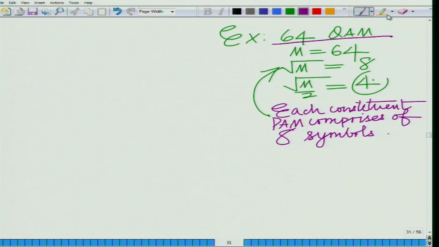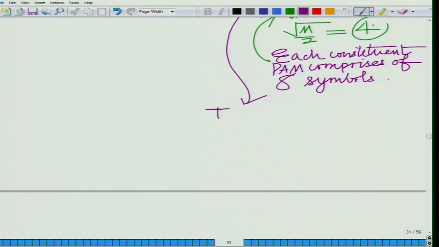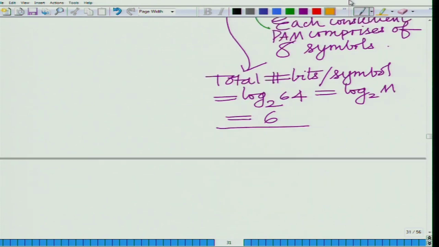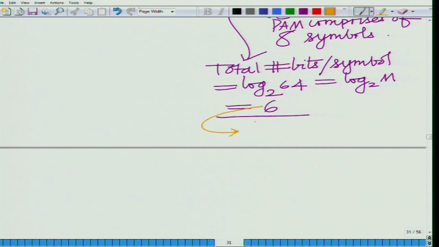Of course, it goes without saying, the total number of bits per symbol in 64 QAM equals log to the base 2 of M, that is log to the base 2 of 64, which is 6. You can see this corresponds to 3 bits per each PAM, which has 8 symbols. Log 8 to the base 2 is 3.